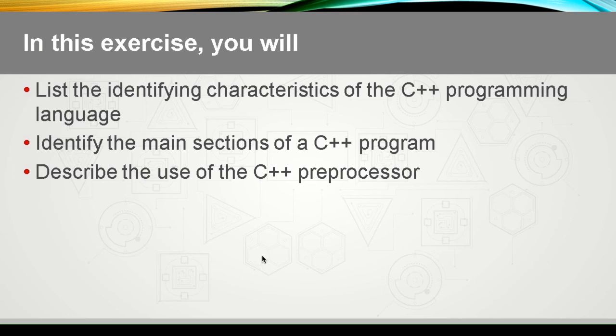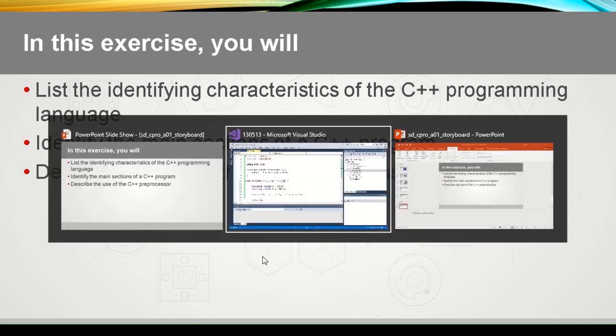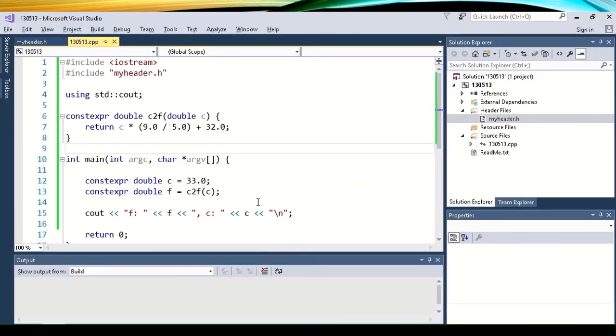Now, for the main sections of a C++ program and the C++ preprocessor, I've written a bit of code to go through this. So we'll turn over to Microsoft Visual Studio, and right here I have a small program. Let's talk about the main sections. Some of the important parts of a C++ program are the includes.